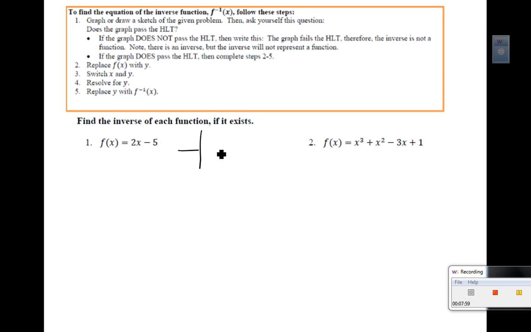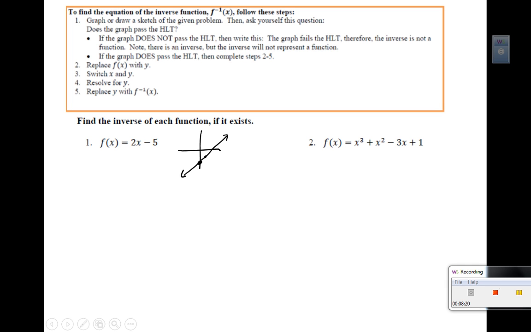Off to the side, I'm going to draw an XY grid. And I'm going to sketch a rough graph of this. Guys, it does not have to be nice. y equals 2x minus 5. I'm going to pretend this is negative 5. I'm going to go up 2 and over 1. So there's my graph. Is it perfect?